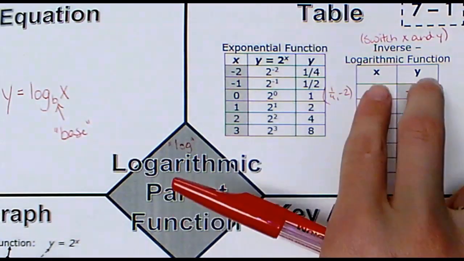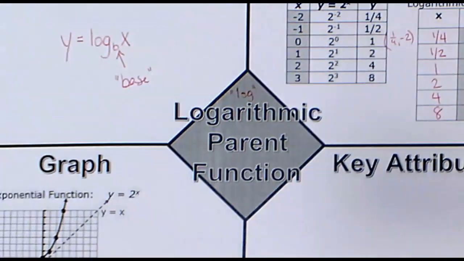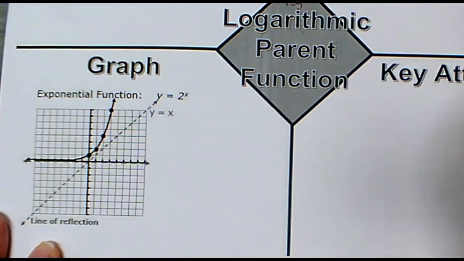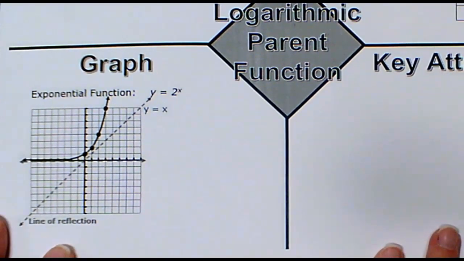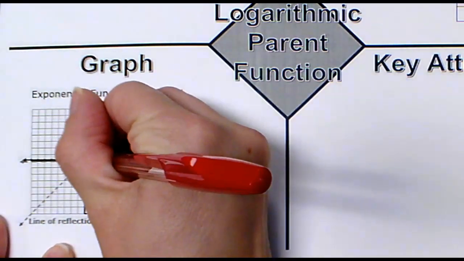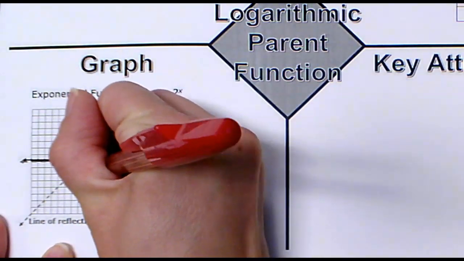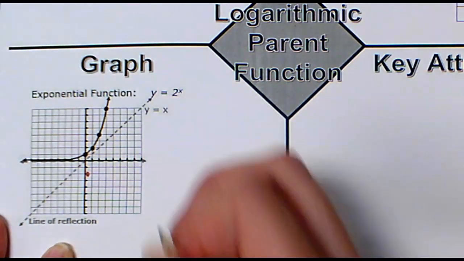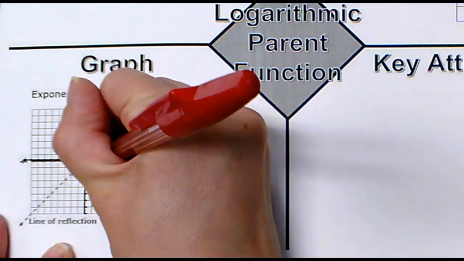So I'm going to graph my ordered pairs. The point 1/4, -2: just go over 1/4 and then down 2, really close to that y-axis. 1/2, -1: halfway and then down 1.